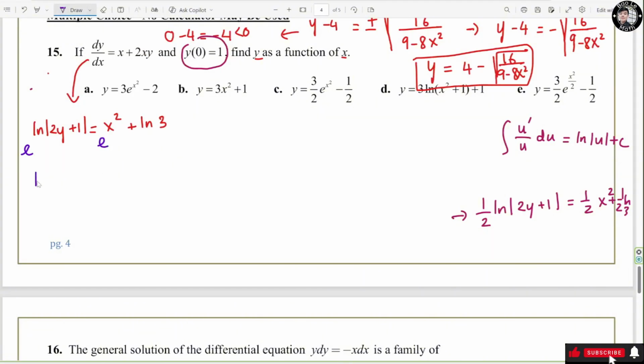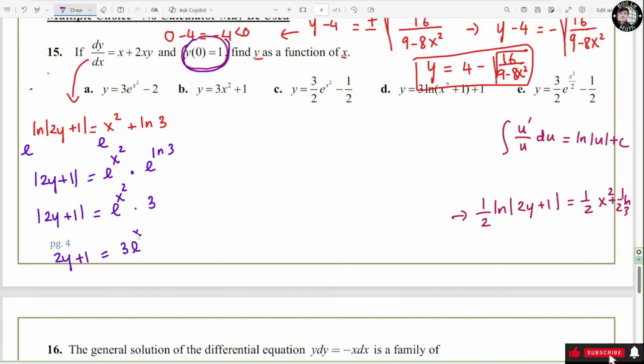So the absolute value of 2y plus 1 equals e to the s squared times e to the ln 3, so the absolute value of 2y plus 1 equals e to the s squared times 3, right? Now since the initial condition, substituting 1 over here, is always positive, I just remove the absolute value and keep 2y plus 1 without changing anything, equals 3e to the s squared.